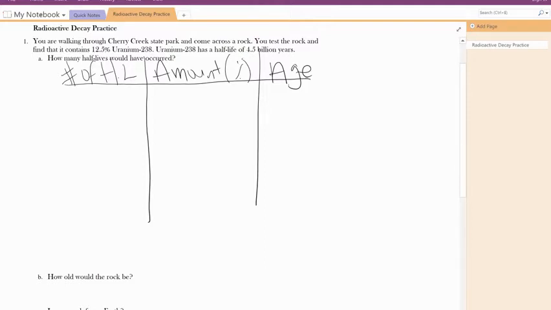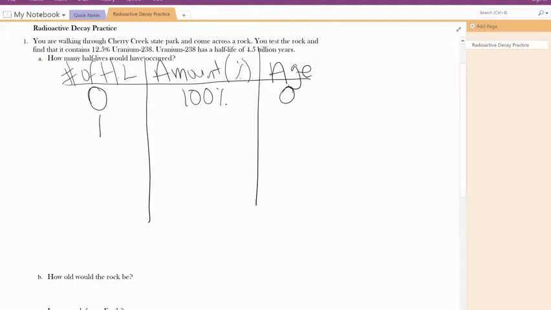have passed. So if we have a rock that has undergone 0 half-lives, that means that it would contain 100% of that uranium-238 when that rock is first made, and the rock would be 0 years old. The 0 years would have passed since the rock was first formed.